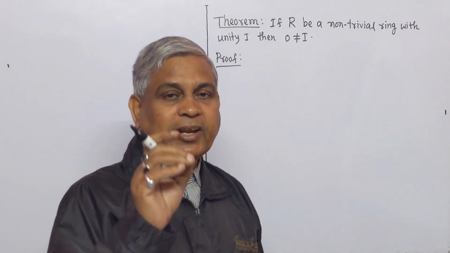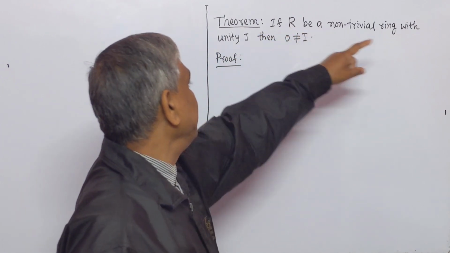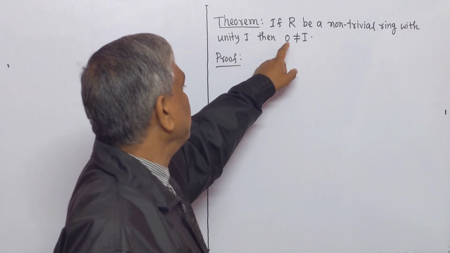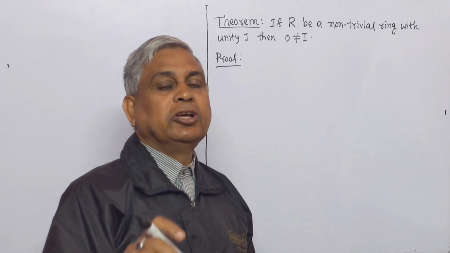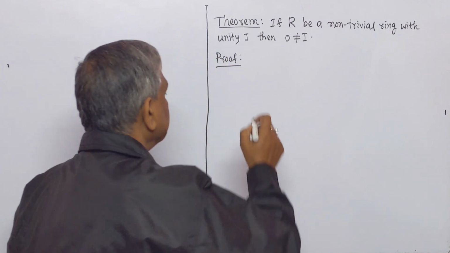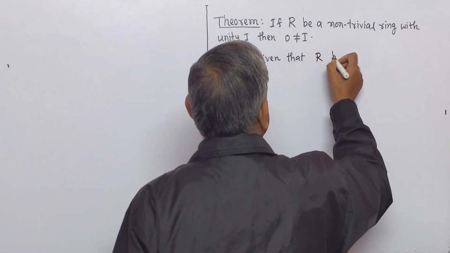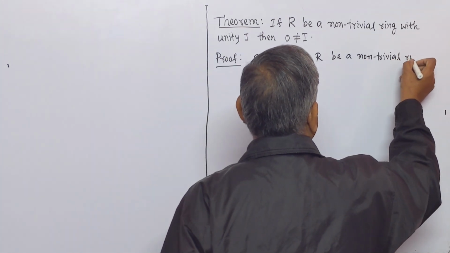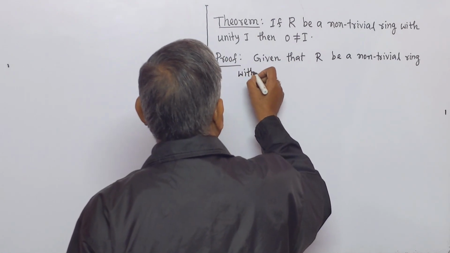Now we prove the next theorem. Next theorem is, if R be a non-trivial ring with unity I, then 0 not equal to I. Means 0 element of a ring is not equal to unity of the ring. Given that R be a non-trivial ring with unity.